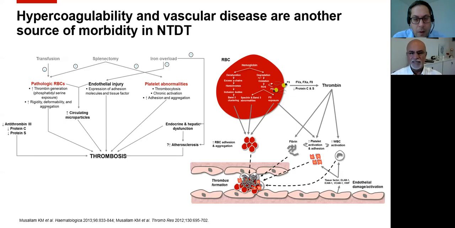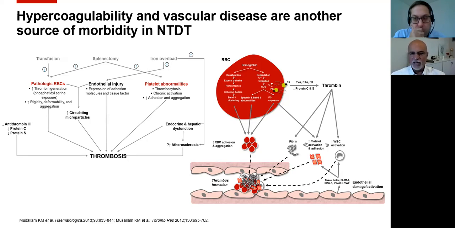So why do the NTDT patients have more thrombotic events than the TDT patients, or why do they have more thrombotic events in general? This is usually due to the pathological red blood cells. Even if you remove the platelets and just have the red blood cells per se, you would see what we call a flip-flop mechanism where phosphatidylserine will occur on the surface of these red blood cells, and these red blood cells per se will act like thrombin generation, leading to thrombosis.